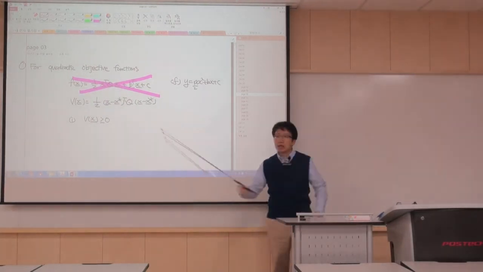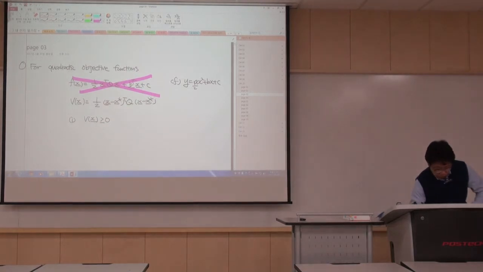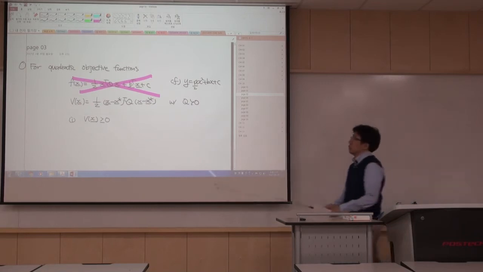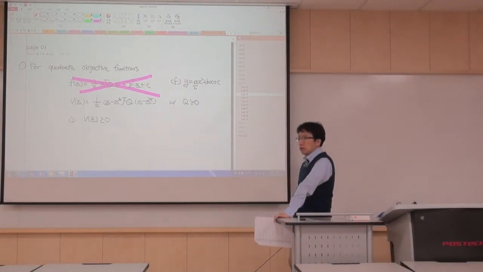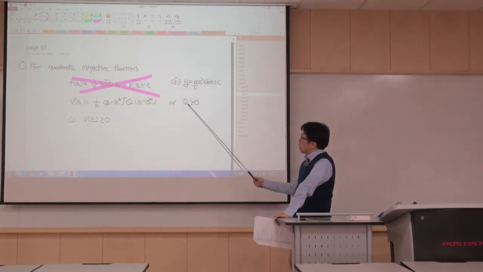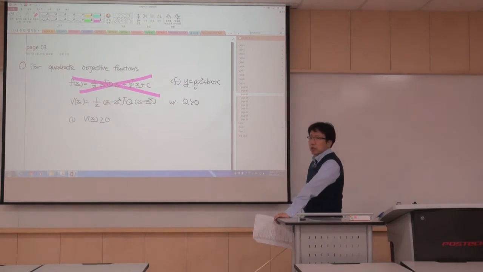By the way, here we are going to assume Q is a positive definite symmetric matrix. Okay. Which means that it allows orthonormal eigenvalue decomposition where eigenvalues are all real positive values. Got it?